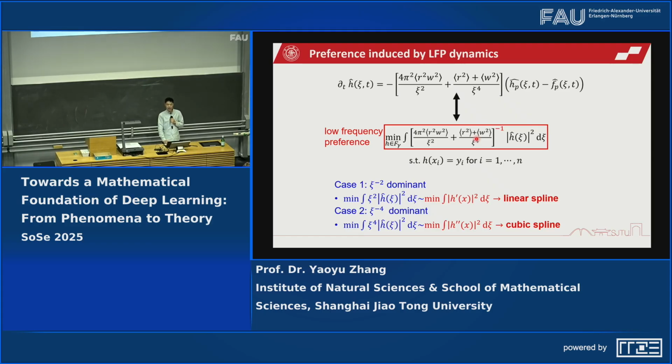That means a higher regularity. Since you require a higher regularity, the inverse term increases faster, or the penalty increases faster when the frequency increases, which leads to a smoother spline.